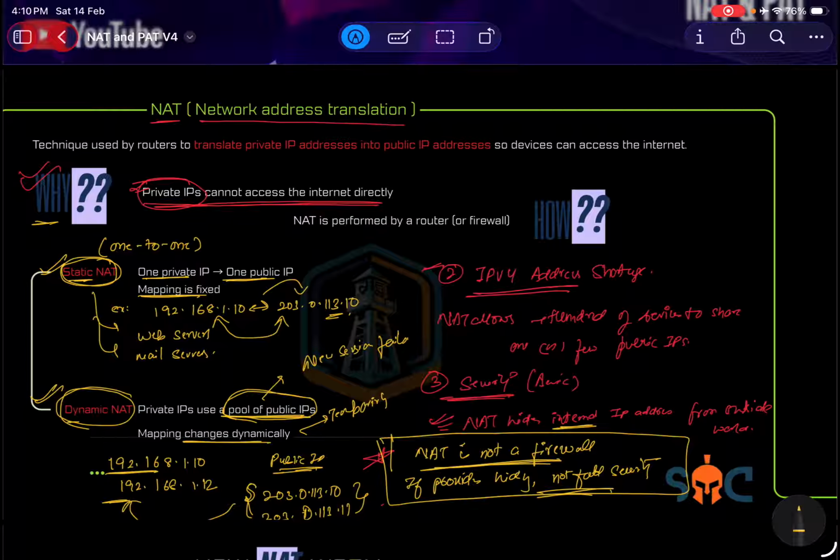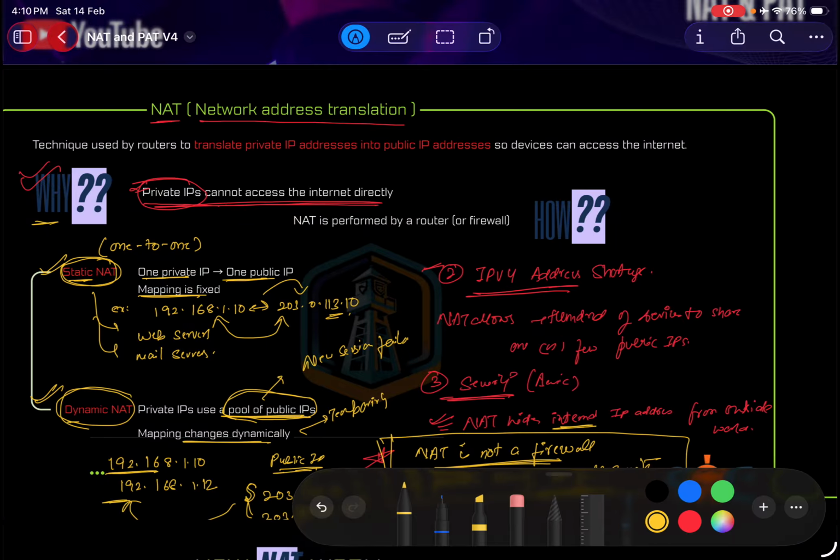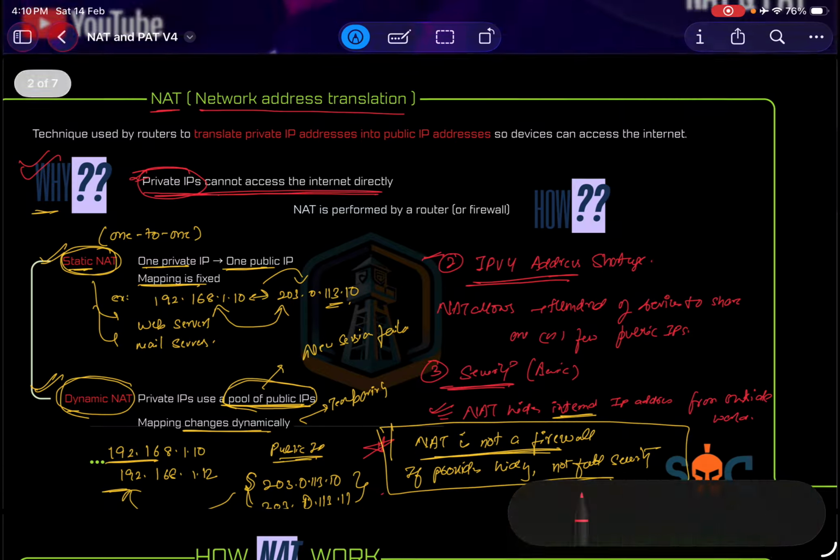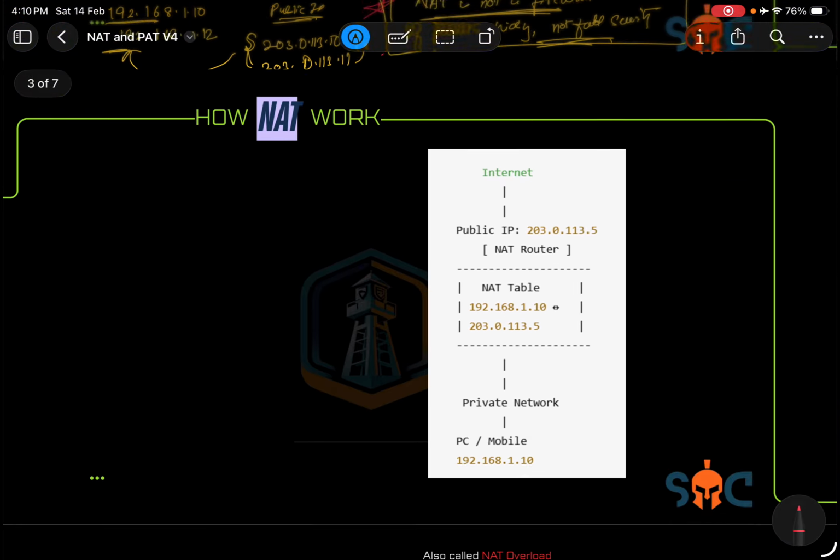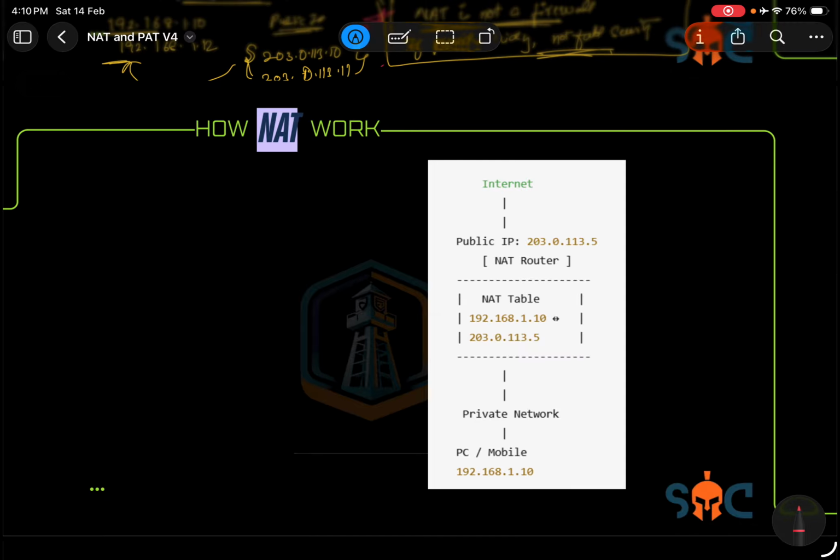Okay, that was about static NAT, dynamic NAT, and why NAT is actually required. Now we'll move to our next slide and try to understand how NAT actually works.